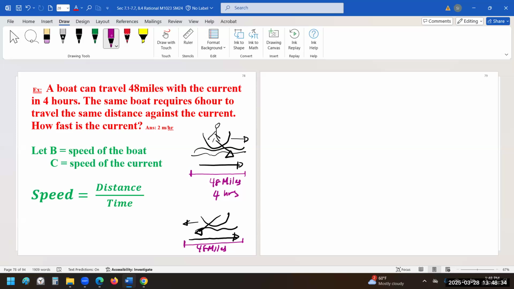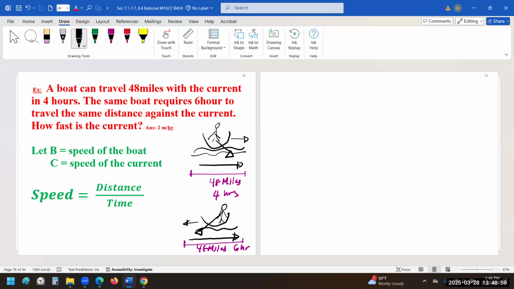How much longer? 6 hours. And you're here, tired, because you're coming back. The question is, what is the speed of the current?